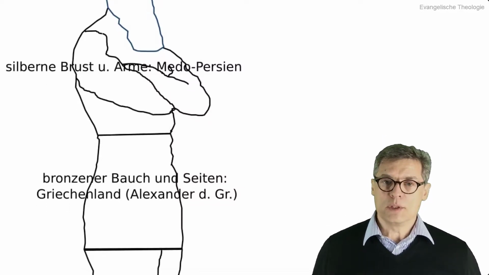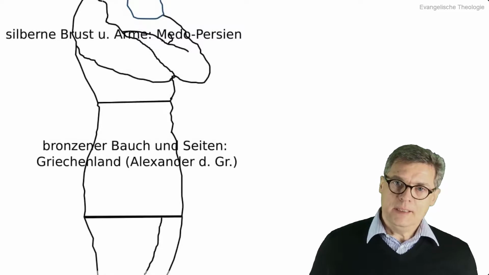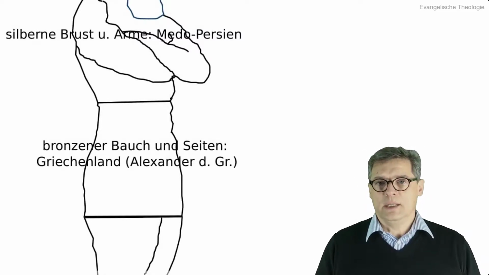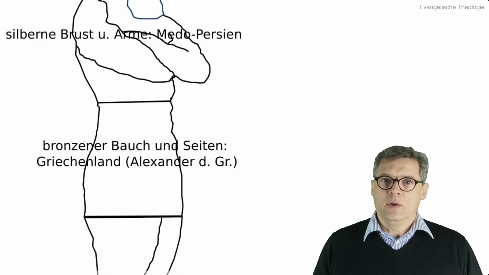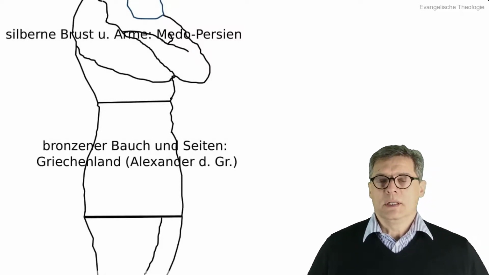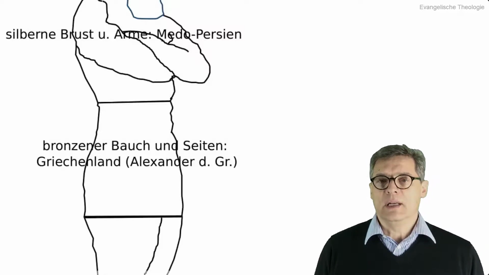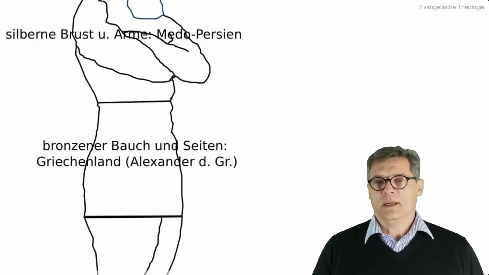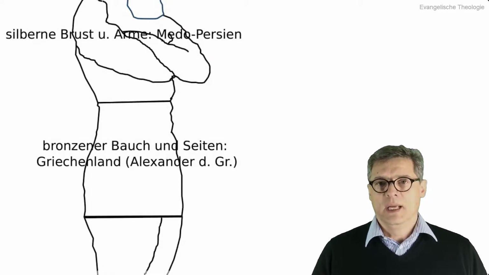Then comes Alexander the Great. That would be the bronze part, the bronze belly and the bronze sides. That would be a picture of Alexander the Great, who came from Macedonia, defeated Greece, then fought against Medo-Persia and expanded his empire almost to India, and conquered a huge empire southward far beyond Egypt.